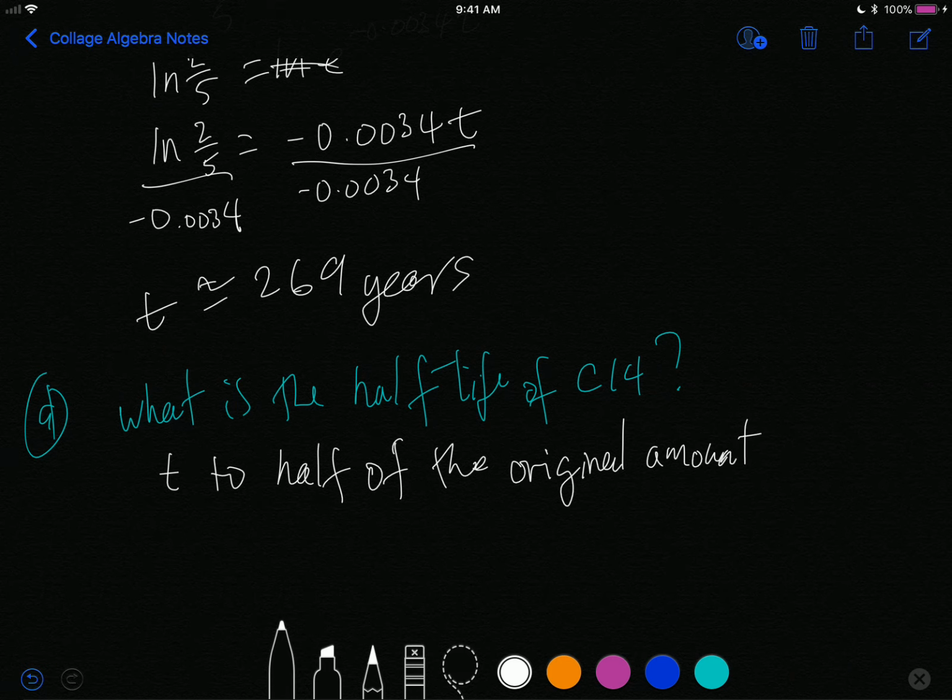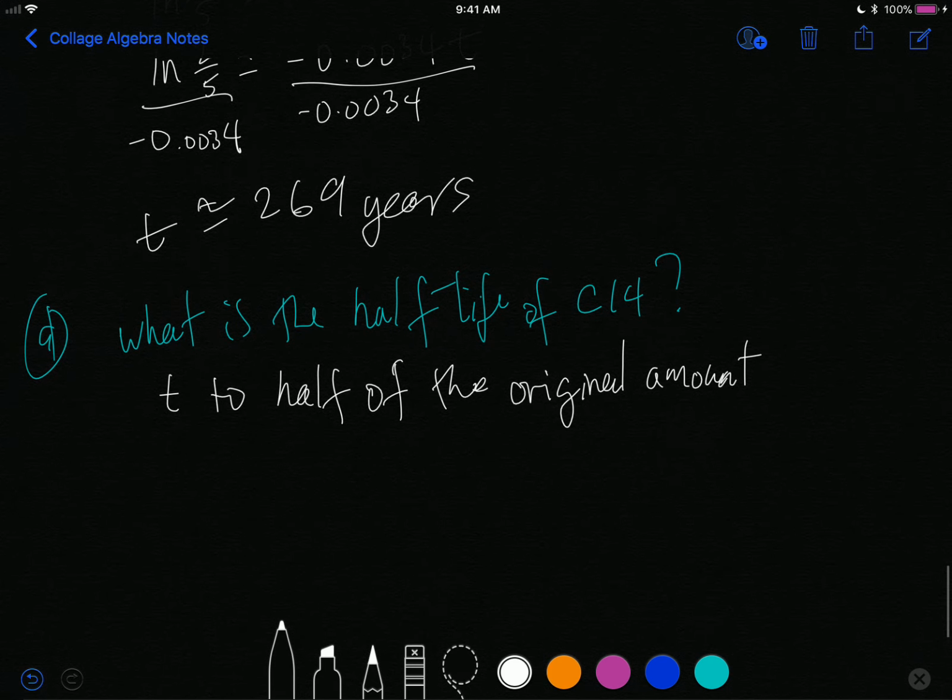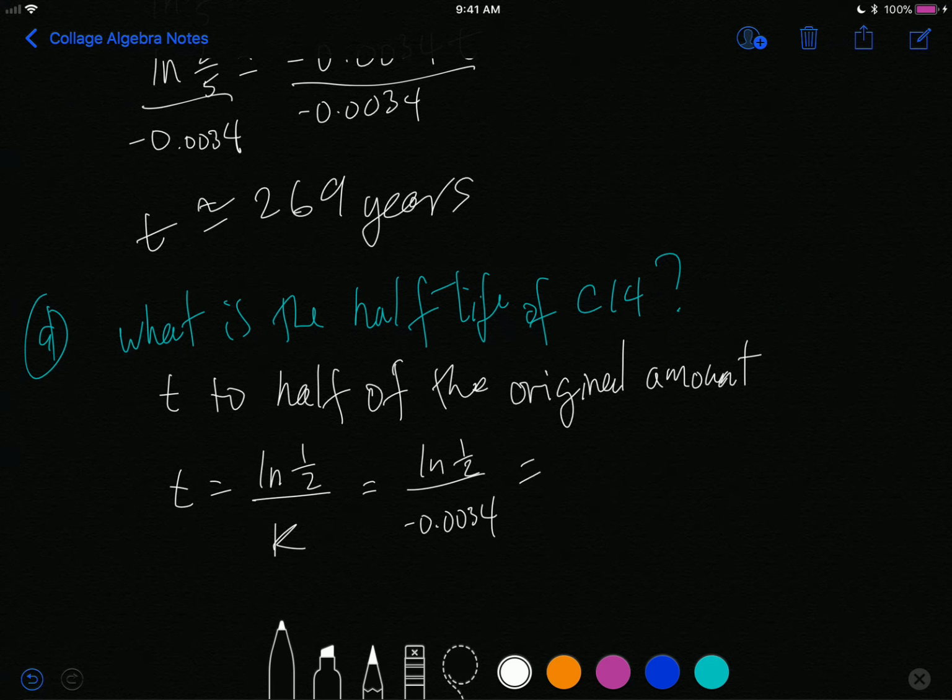It's kind of like the double timing in reverse. The double timing was the time to get double the original amount. Your half-life is the time to get to half the original amount. But the formula looks pretty much the same. t equals ln of 1/2 divided by k. So in this case right here, that's ln of 1/2 divided by negative 0.0034. And so that's going to be approximately 204 days.